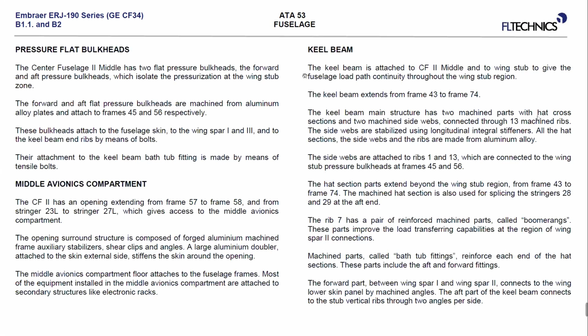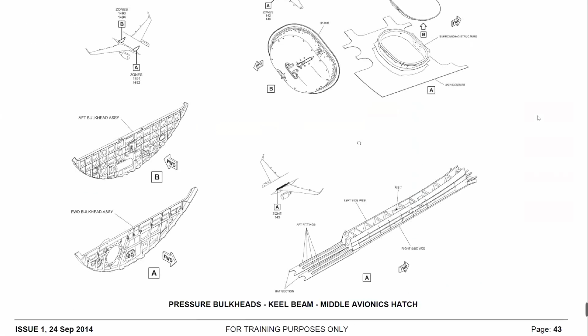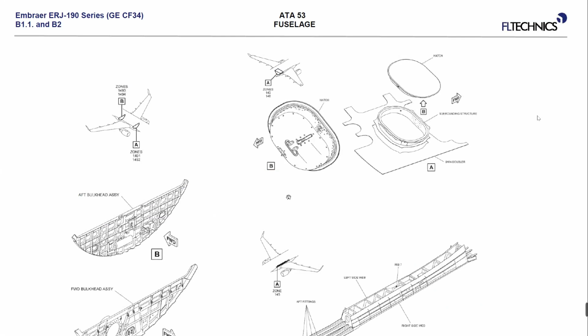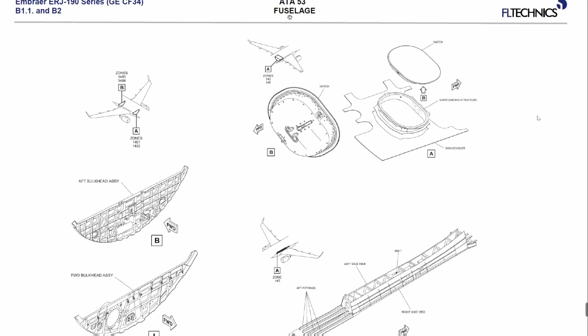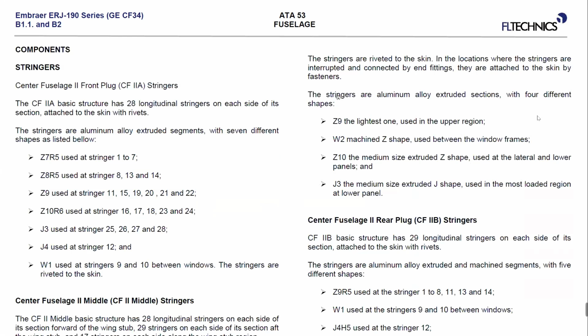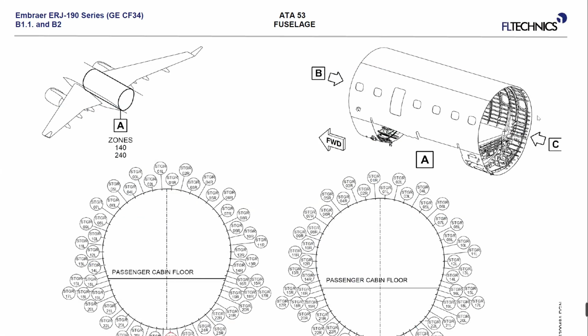Q beam. The Q beam is attached to the center fuselage 2 middle and the wing stub to give the fuselage load path continuity to the wing stub region. You understand what is the purpose of the Q beam, yes? Because the structure, the shape is, you see the structure here?